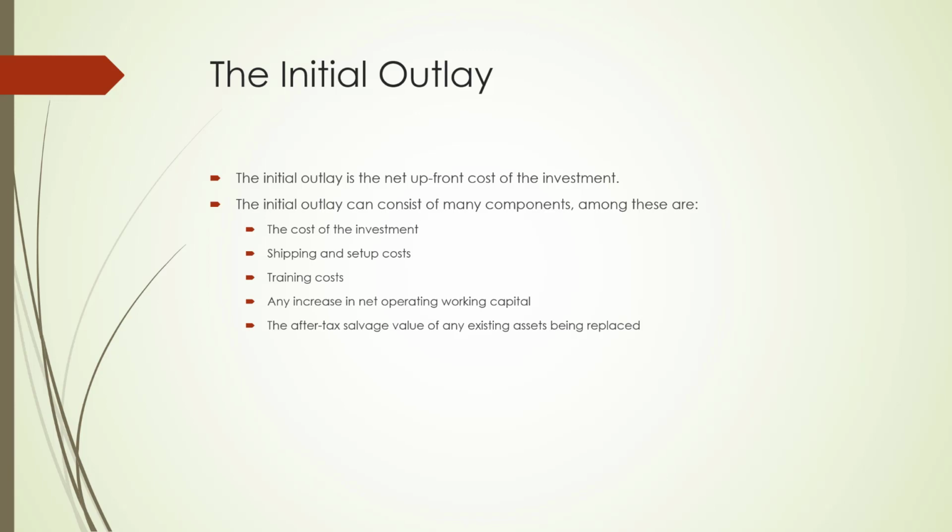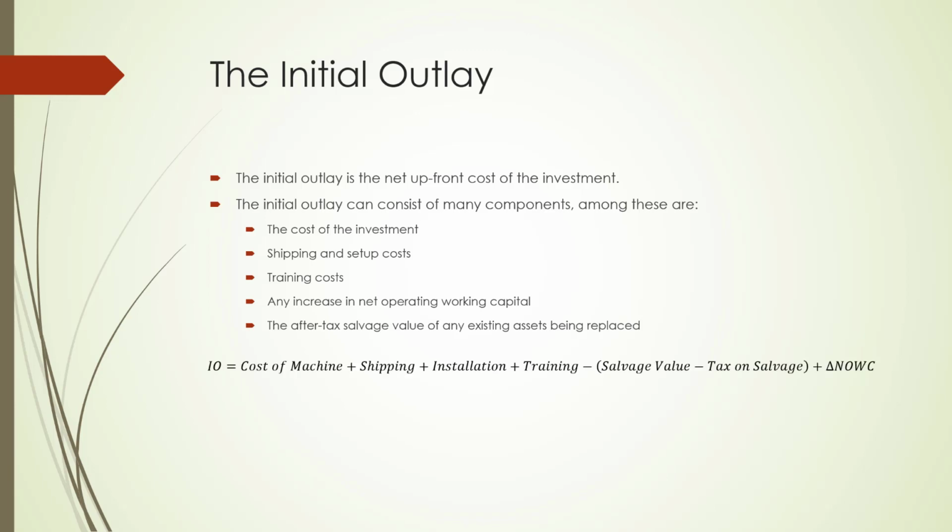And then finally, if you are replacing some existing asset, then you have to account for the after-tax salvage value of whatever asset you are replacing. In other words, you're going to sell the existing asset and use the proceeds to reduce the cost of the new one. And we'll see here in just a minute how to calculate that after-tax salvage value.